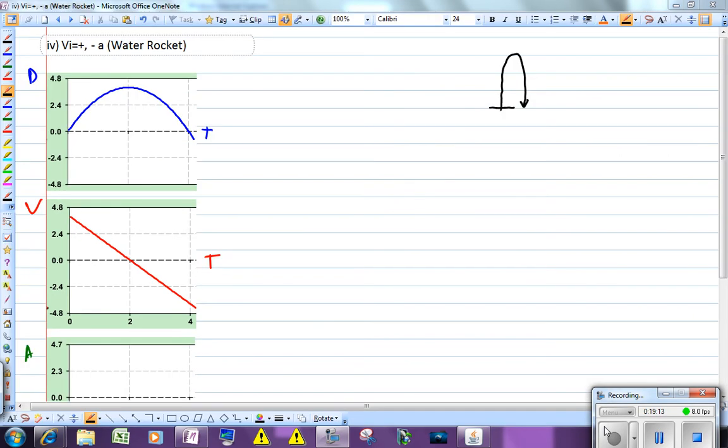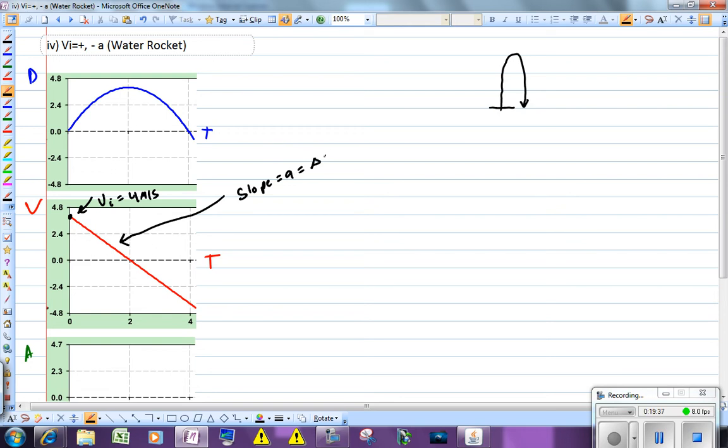Now let's look at these graphs just a little bit closer, specifically the velocity versus time graph. You can see from the y-intercept that that is going to tell us the initial velocity that it was launched at was 4 meters per second. The slope of this graph, I'm going to actually show you the calculation this time, is going to be the acceleration, which is going to be the change in velocity divided by the time.